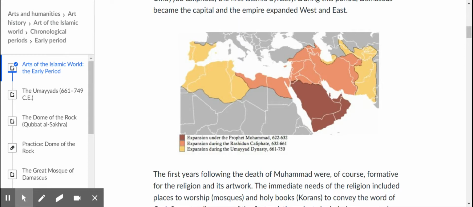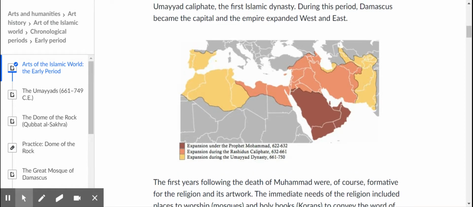There is a lot of information dealing with Islamic art because it covers such a long period of time. And here's a map of the Islamic world through much of the early medieval period.